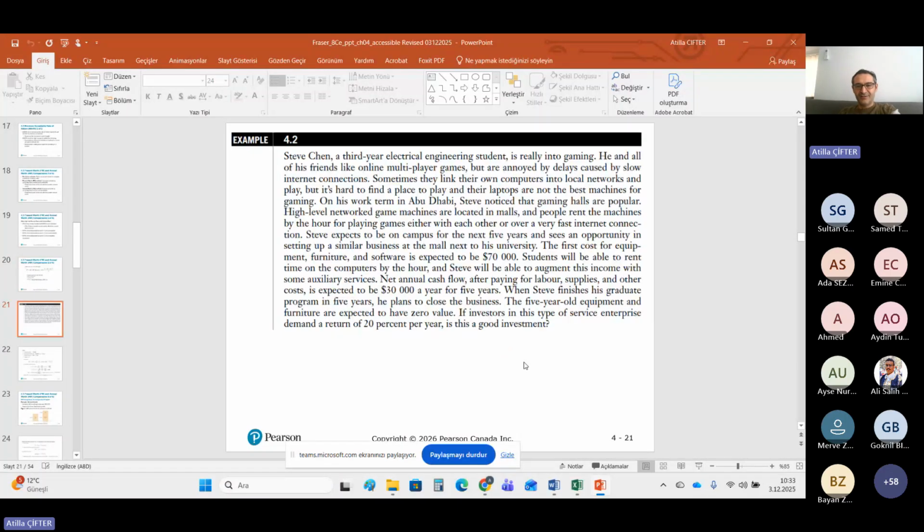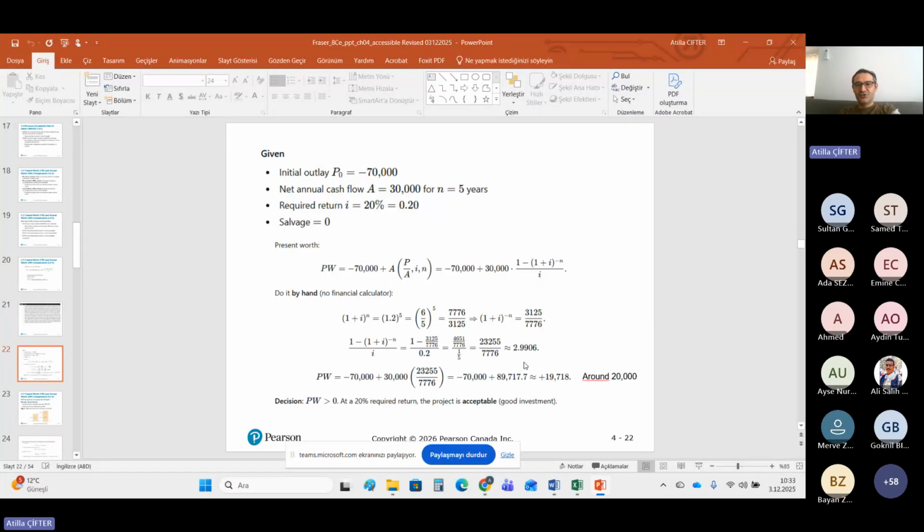So minus 70,000 plus A, your annual cash inflow, multiplied by 1 minus (1 plus interest rate) to the power of minus n. Here the interest rate is 20%, so 1 minus 1.2 to the power of minus 5, divided by 0.2.